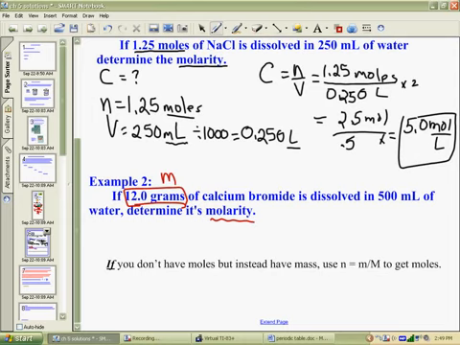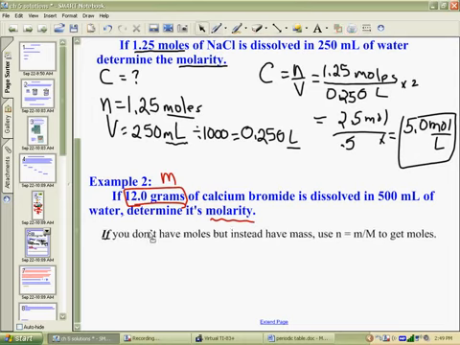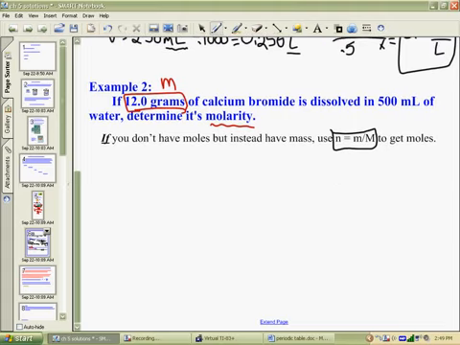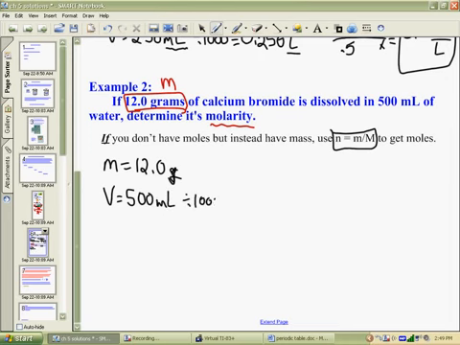So we have a little trick here: if you do not have moles but instead have mass, you can use this formula to convert from moles to mass and vice versa. Let's write down what we've got and what we want. We have a mass of 12 grams. Our volume is 500 mL, which we need in liters, so we divide by 1,000 again. So we have 0.5 liters as the volume.